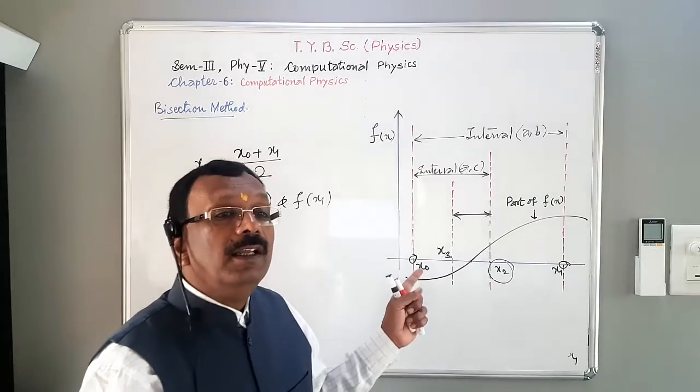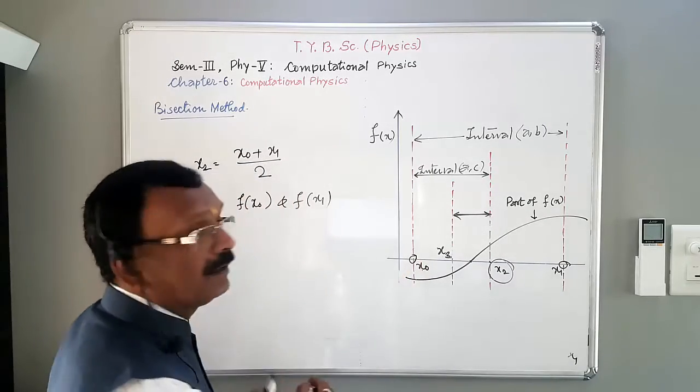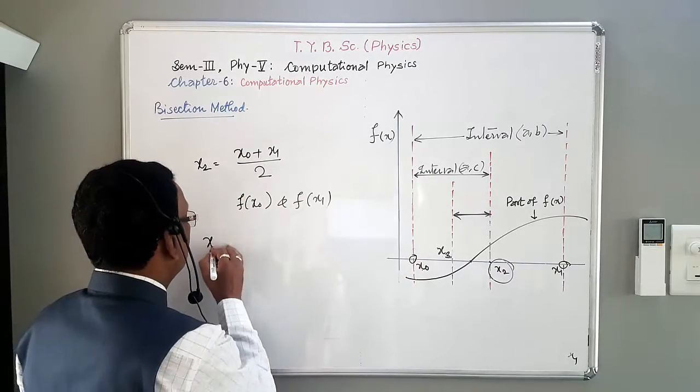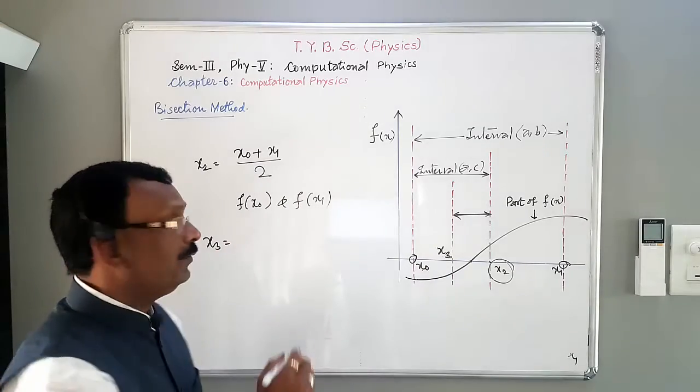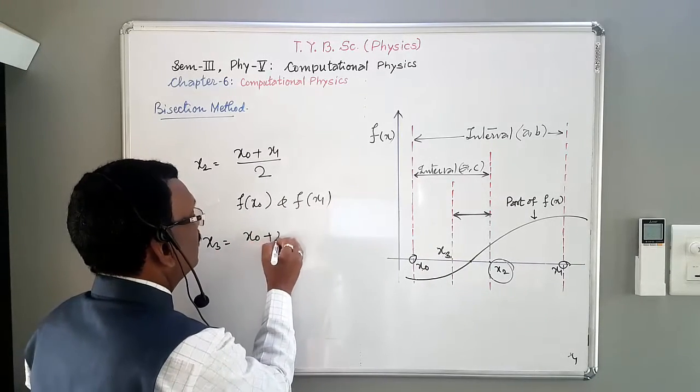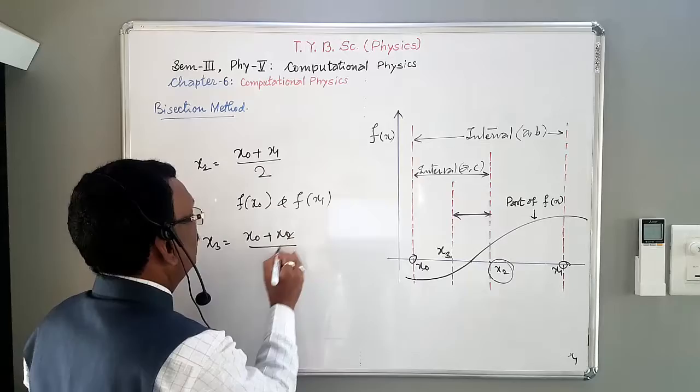Now the next point will be x3 is equal to x0 plus x2 upon 2.